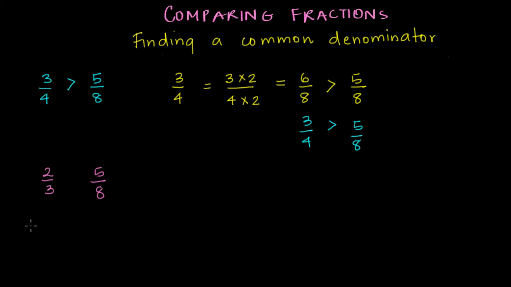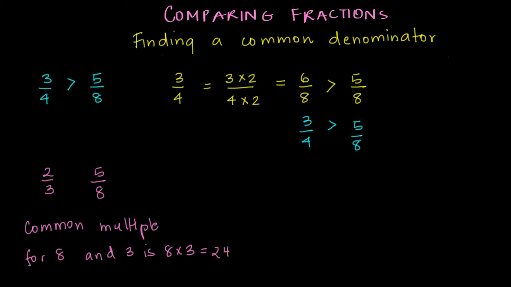So let me write that down here. A common multiple for 8 and 3 is 8 times 3. So if 8 times 3, which is equal to 24, is a common multiple, I can make that into my common denominator, and let's see therefore what equivalent fractions I need to come up with.